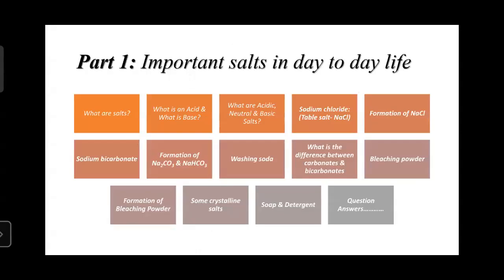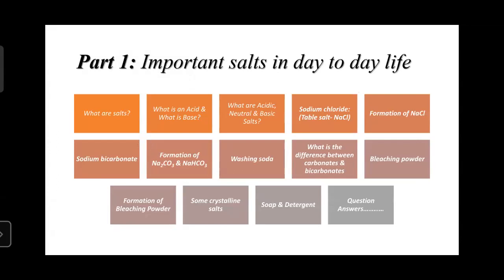In the first part, important salts in day-to-day life, we have seen what we mean by salts, acid, base, and acidic, neutral, and basic salt.